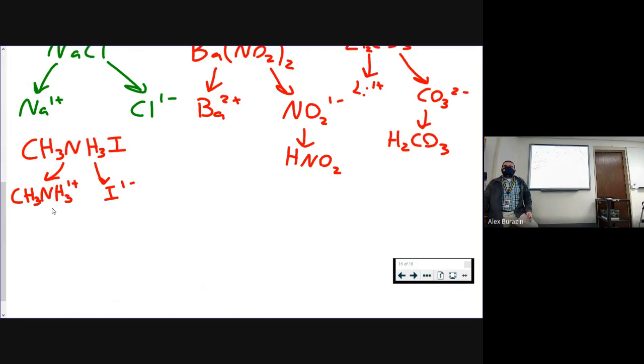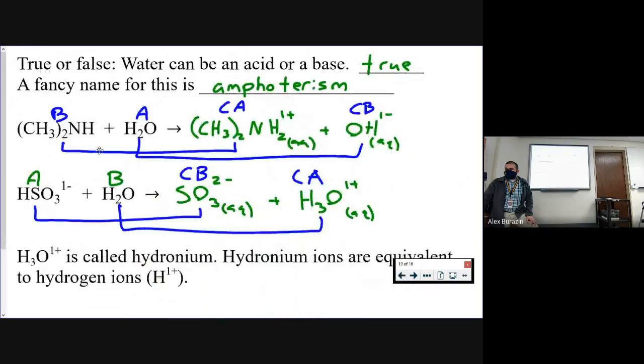When you have these funky nitrogen compounds, if it has one positive charge, that's the conjugate acid of it. If it's neutral, that's the base. It's the exact same thing as ammonium and ammonia. Ammonia is NH3. That's a base. Ammonium is NH4 1 plus.